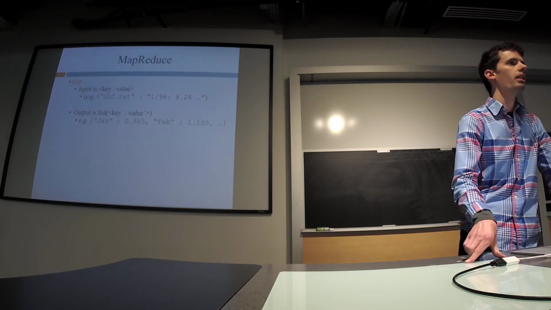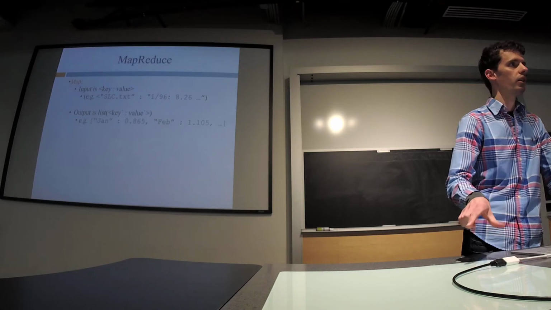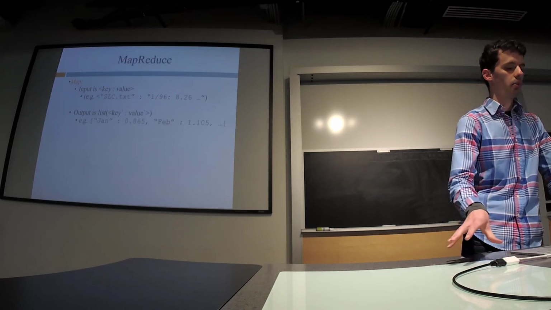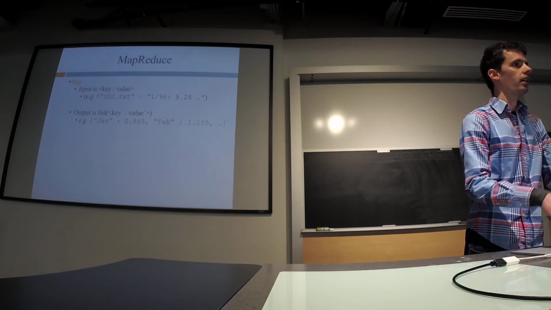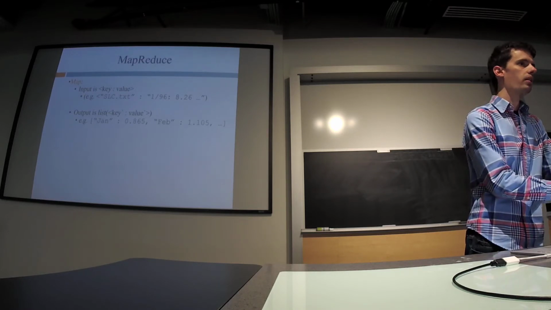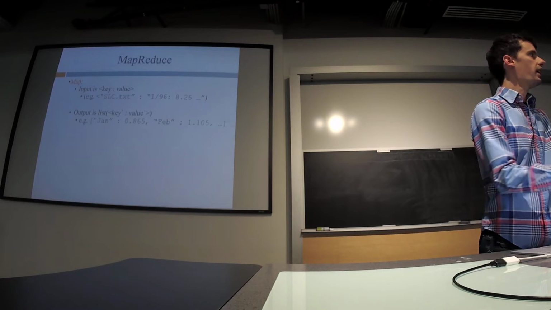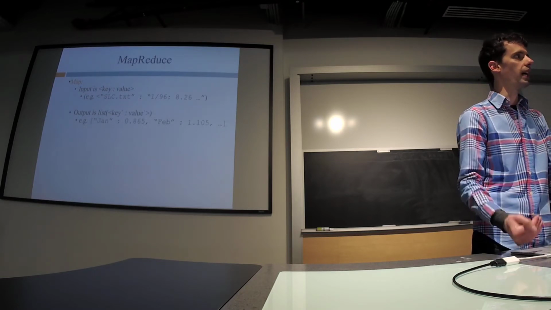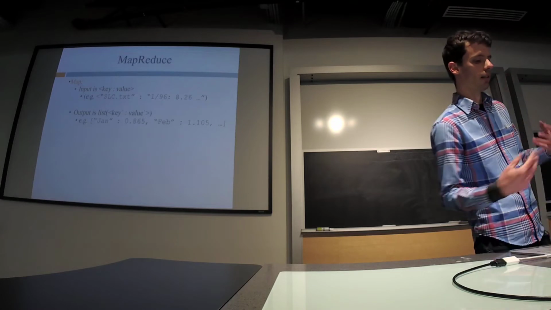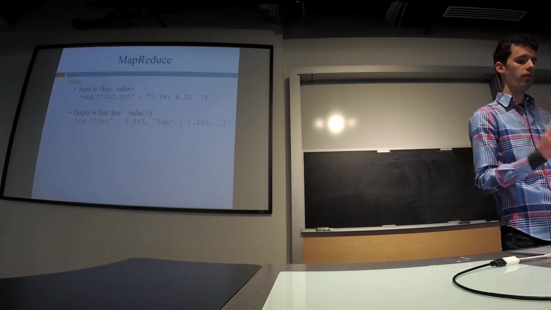So prime just means they're still keys and values, but they're in a different domain. So the domain of the original input is file name and file contents. The domain of the output is whatever key you're extracting out of each of those files and whatever value you've extracted for that key. So as an example, January plus a number, February plus a number.